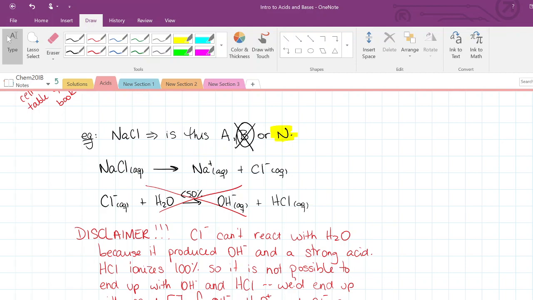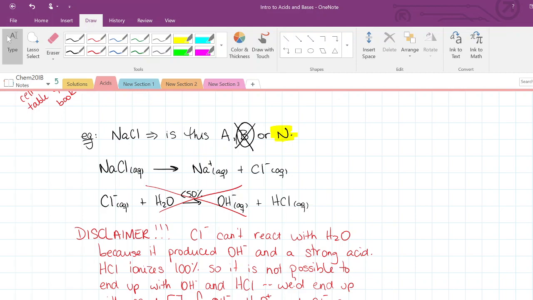It will completely obliterate. And if it obliterates, it would neutralize this OH because the hydronium that it produces would neutralize the hydroxide you're seeing is being produced. So there's no possible way for this reaction to take place, so we can cross it out. NaCl is something that would be neutral.